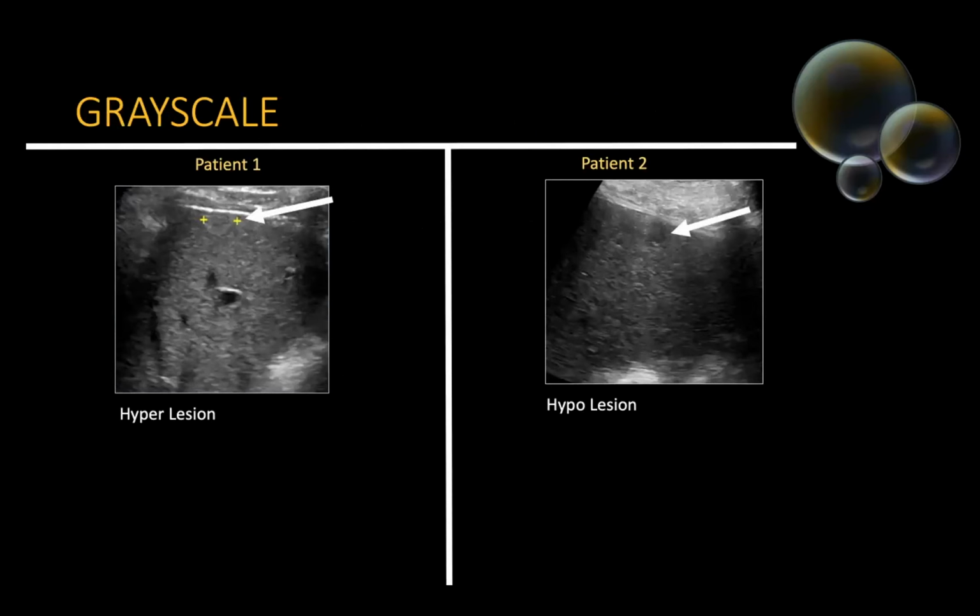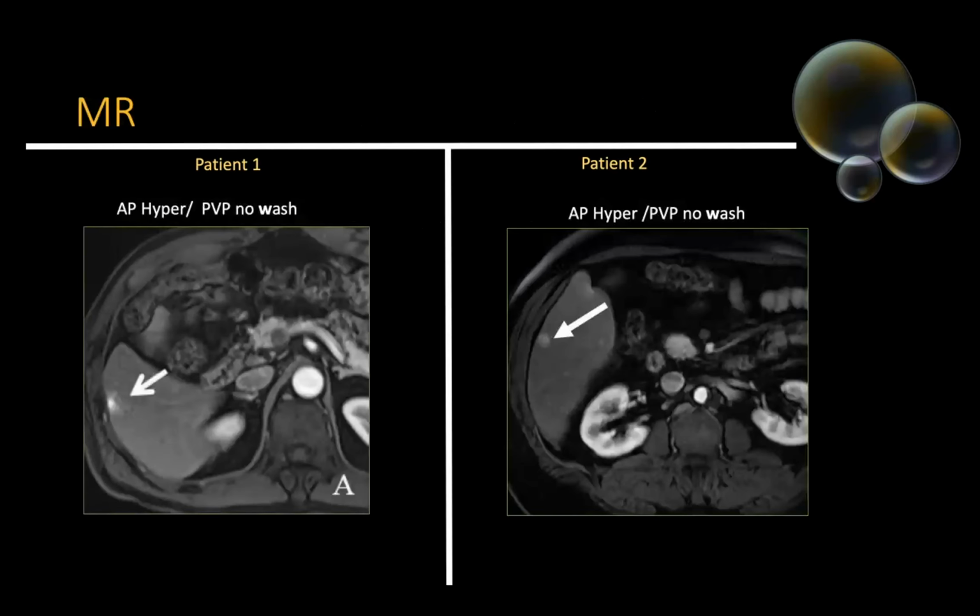On grayscale, you can see that patient number 1 on the left has a slightly echogenic rim to a small nodule, and patient number 2 on the right has a hypoechoic nodule, but they're about the same size and they're both superficial. So in compliance with the recommendations of the AASLD, both of these patients had MR for further characterization of their nodules.